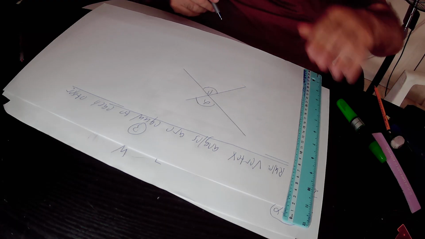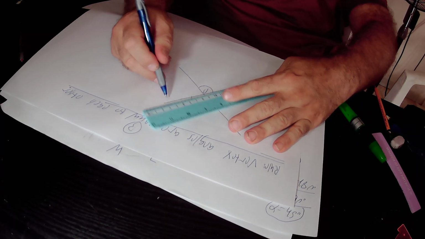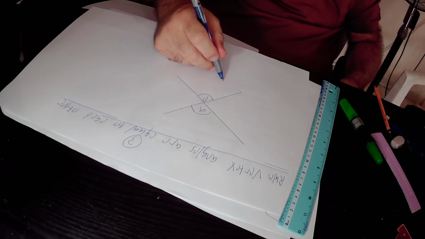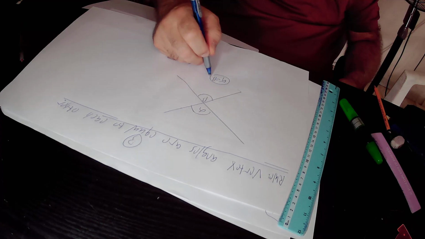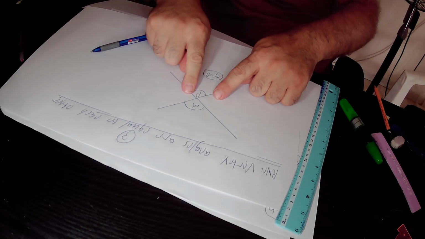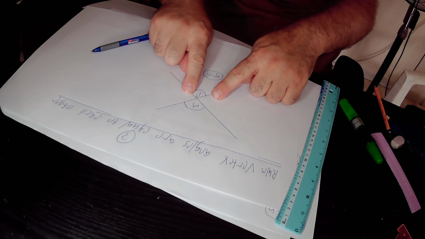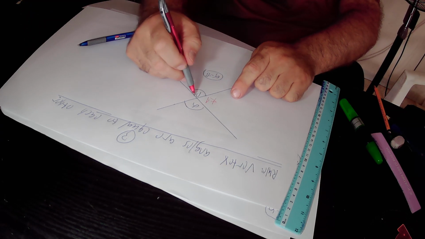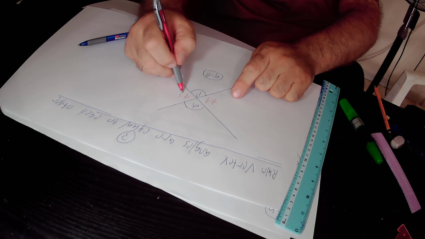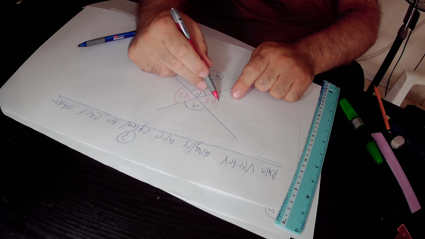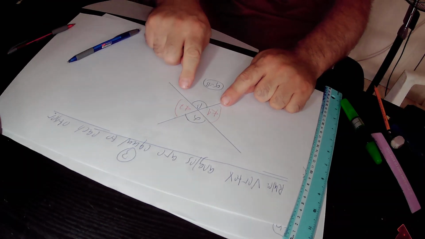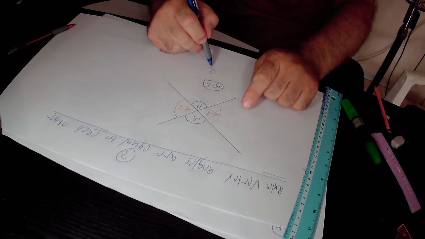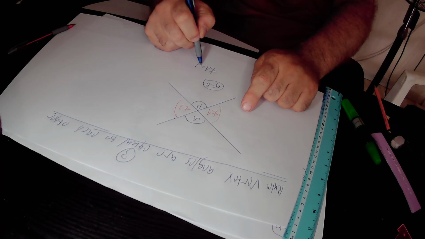Those two angles, alpha and beta, are defined as vertex angles and they are equal to each other in their sizes. So we can write down that alpha equals beta. Likewise, those two angles are also defined as vertex angles, so those two angles are also equal to each other in their sizes. So angle 1 equals angle 2 in its size.